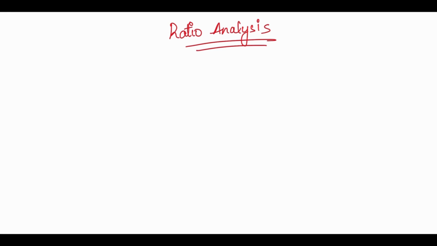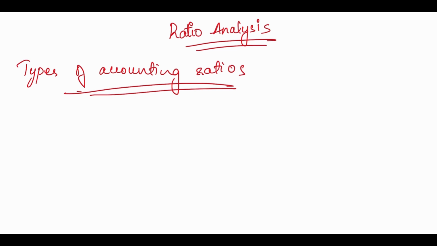So today our topic is ratio analysis, its types of accounting ratio. Okay. So there are four types of accounting ratios. First is liquidity ratio.